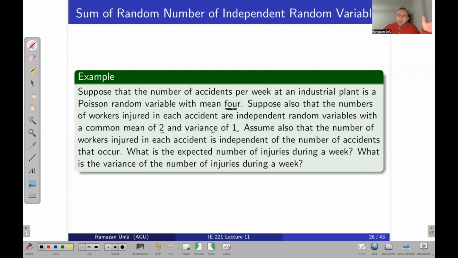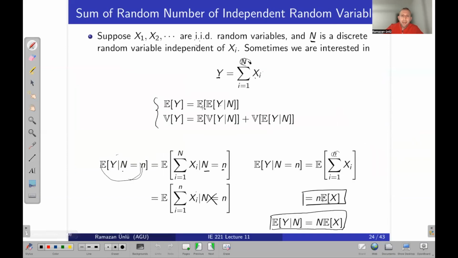So we have some random variables, and also we have the number of random variables. Assume also that the number of workers injured in each accident is independent of the number of accidents that occur. So if we look at it like that, the N and X are independent.